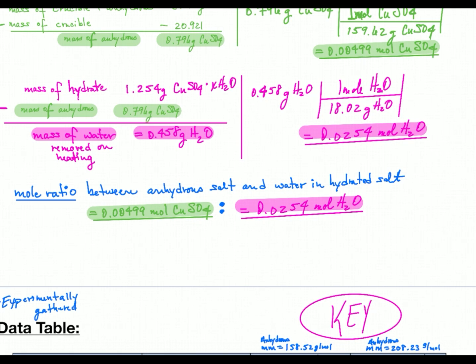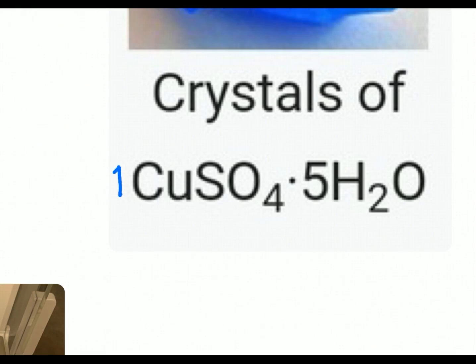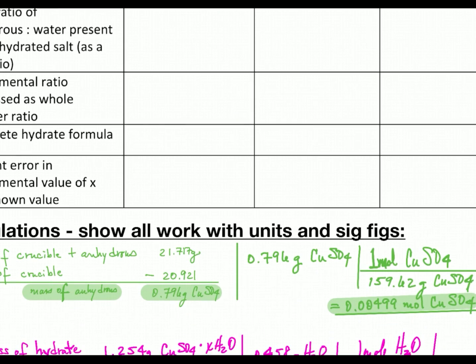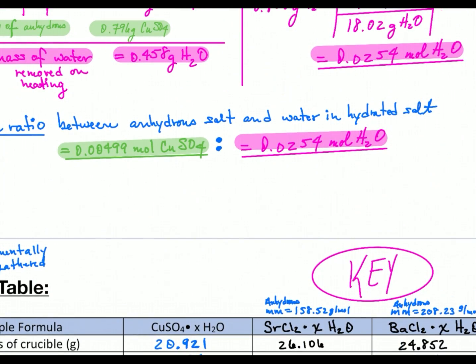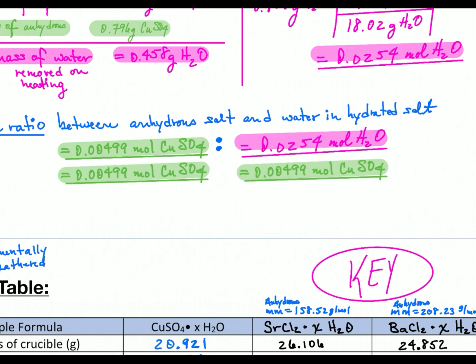We need to now simplify that. It should have a 1 in front of the salt formula. So if we come back down here, the way we're going to do that is to divide by the moles of copper sulfate such that it ends up being a 1. But you'll need to divide both sides by that for the ratio to be the same.